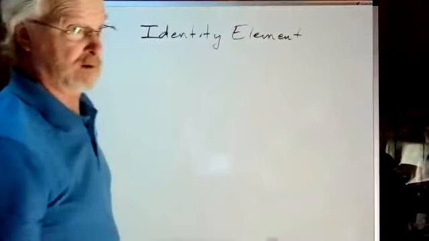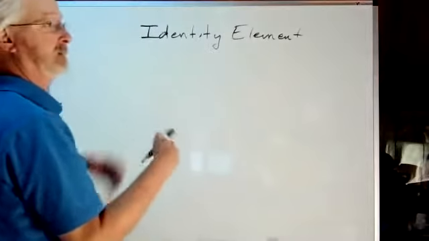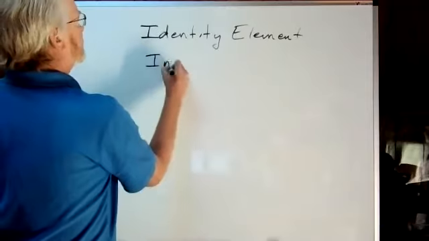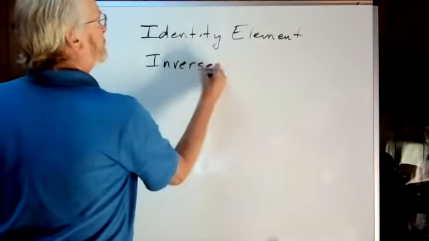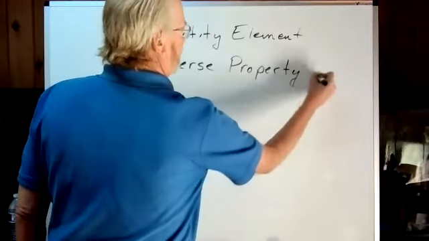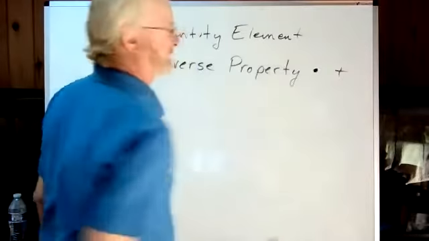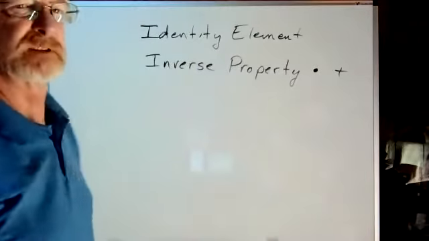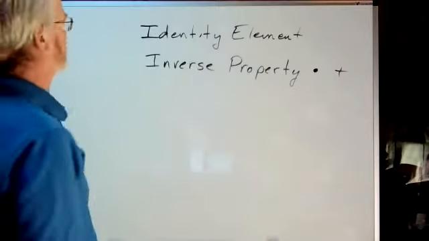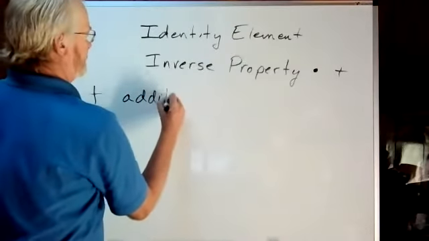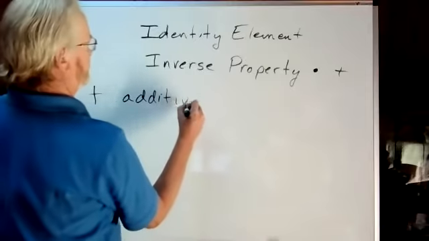The other one that works together is called inverses. Multiplication and addition both have an inverse property, an inverse number. Every number has an additive inverse.